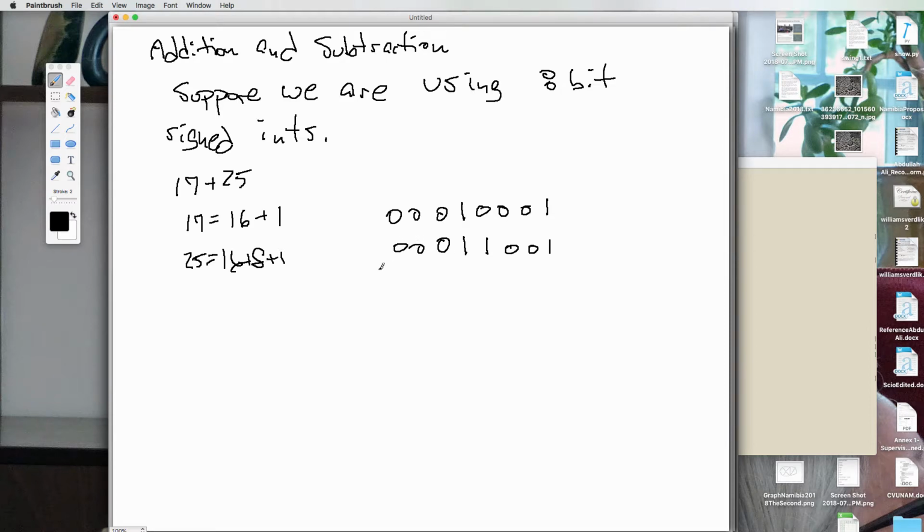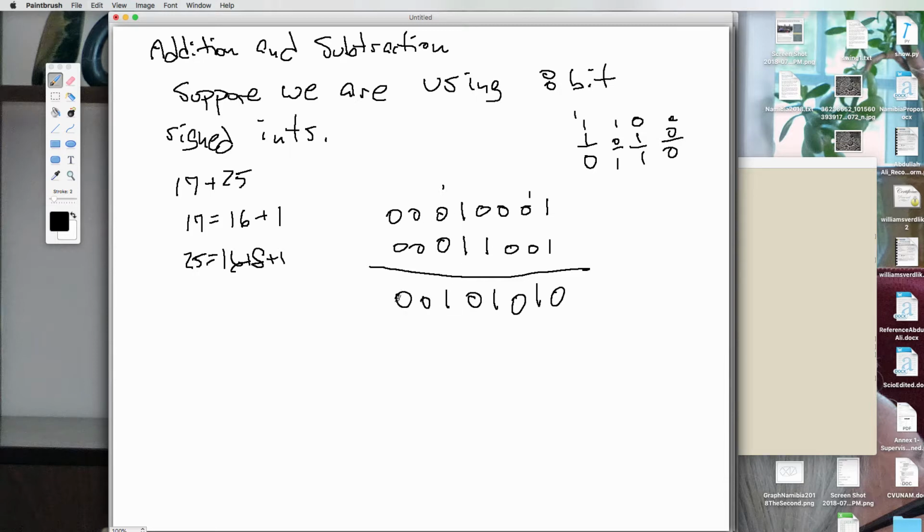And we've actually reviewed how to do this in class before. Basically, when you have binary and you're adding, 0 plus 0 is 0, 0 plus 1 is 1, 1 plus 0 is 1, and 1 plus 1 is a 0, and you carry a 1. So what happens over here is, as I go, there's a 0, and I carry the 1, there's a 1, that's a 0, 1 plus 0 is a 1, 1 plus 1 is a 0, I carry the 1, there's a 1 here, 0, 0.